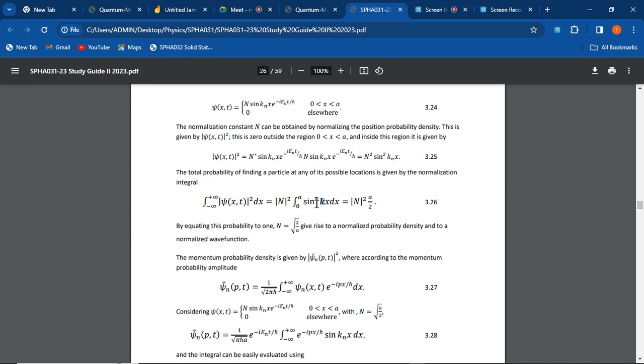I don't advise anyone to claim this generally, but because it is only this one that will come like this, if it comes like this, you have to know the integral for sine squared kx dx. It's going to be x over 2.